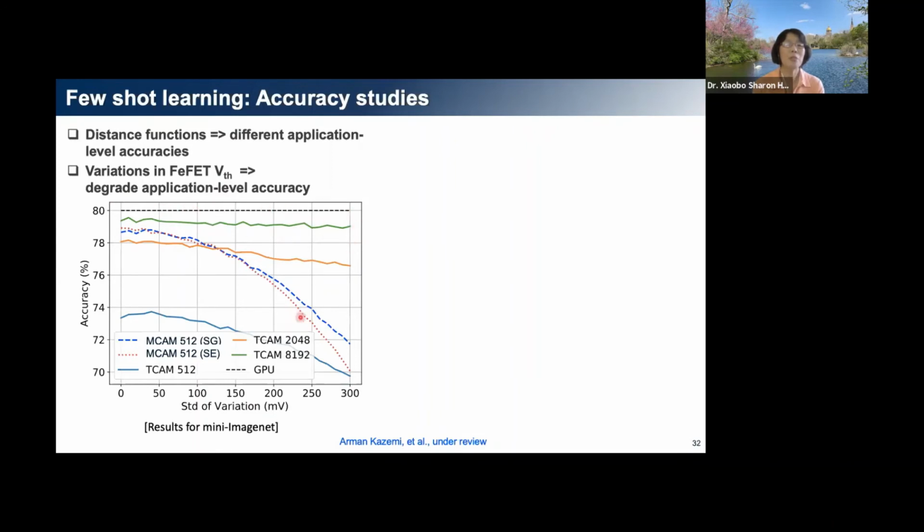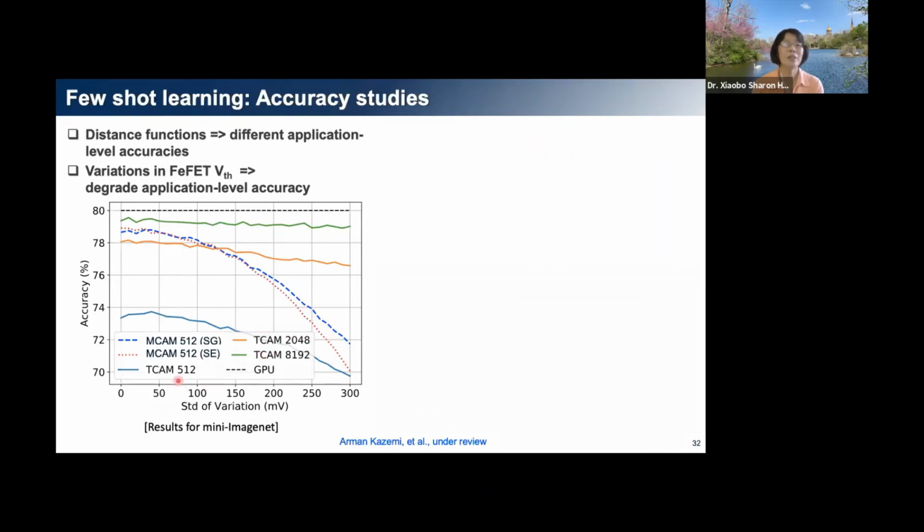Then we look at 5 different CAM implementations. Two of them, the dotted and dashed lines, are MCAM implementations. They are using 512 dimensions, what we call 512 columns. One of them implements the sigmoid-like distance, and the other implements the squared Euclidean distance.